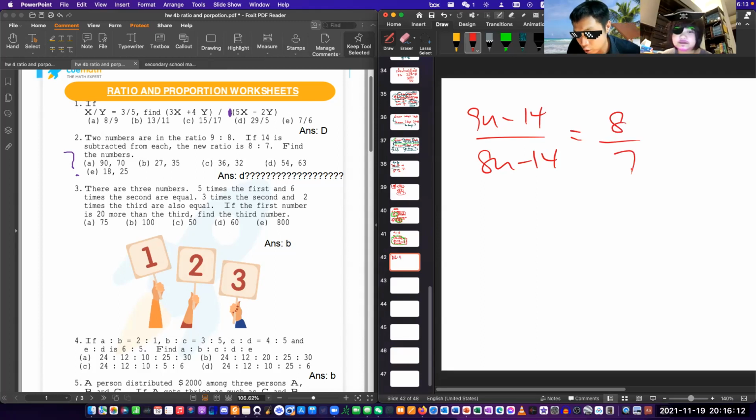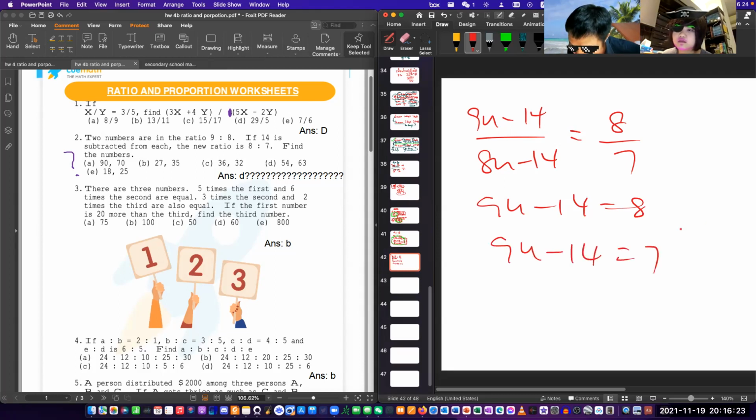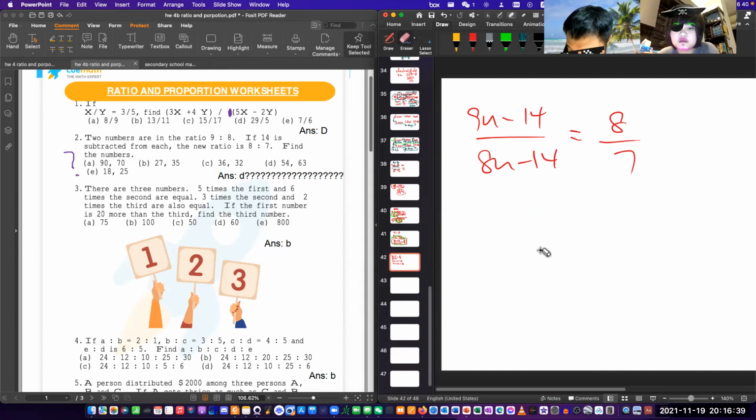What you could have done is 9u minus 14 is 8t, and this is 7t. So basically you can use the simultaneous equation to find out. Can you tell me what is u and what is t? Okay, never mind. Let's not do it this way because this way is more complicated than the other way.